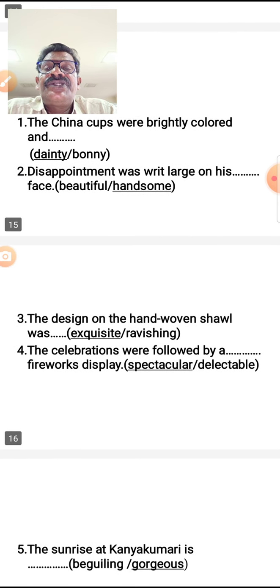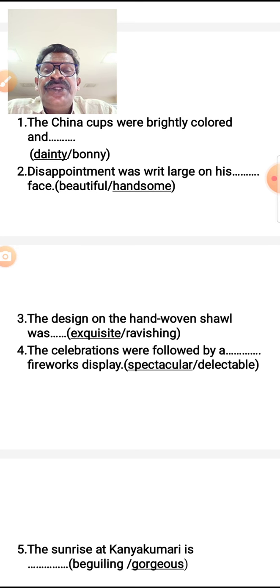Now, the second sentence: disappointment was writ large on his, once again male gender, on his face. Beautiful, at any cost, under any circumstances, should not be used. So we have to use handsome there. Disappointment was writ large on his handsome face.